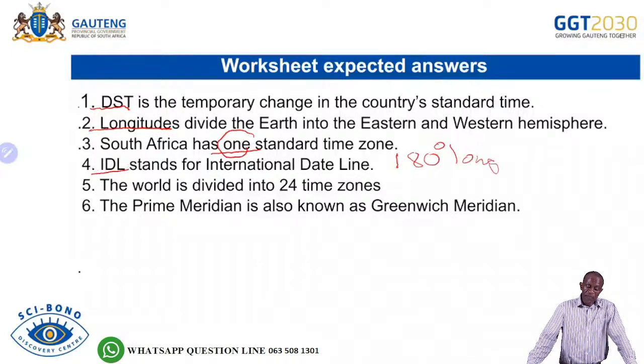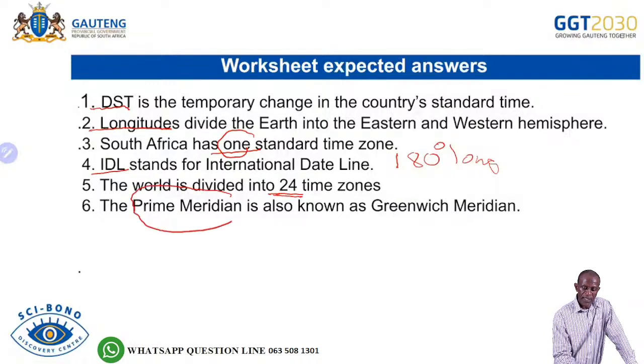Number 5, the world is divided into time zones, and the correct answer for that is 24 time zones. It's also known as the Greenwich Meridian, so it is the prime meridian. So these are your answers for the activity.